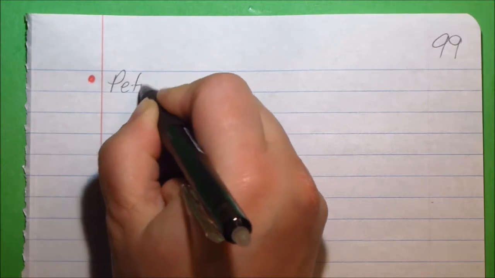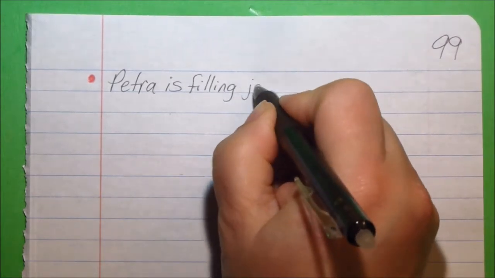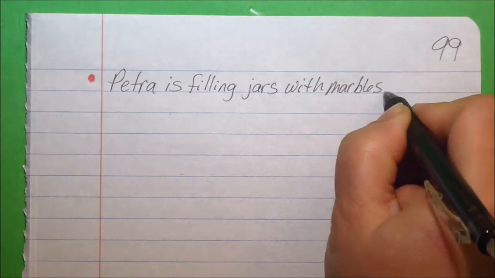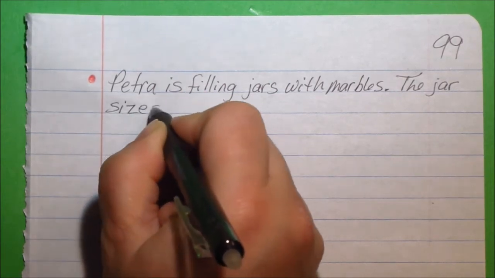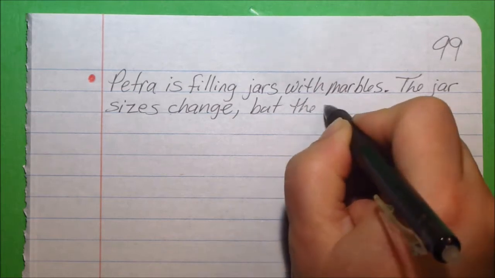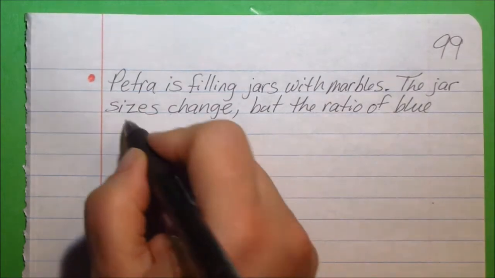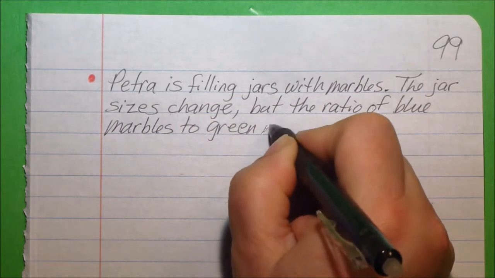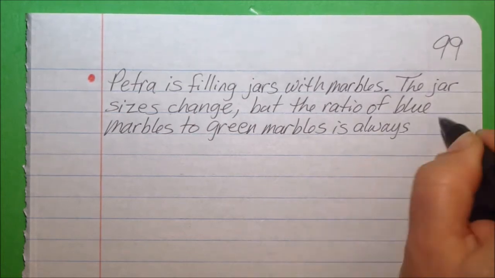Petra is filling jars with marbles. The jar sizes change, but the ratio of blue marbles to green marbles is always the same.